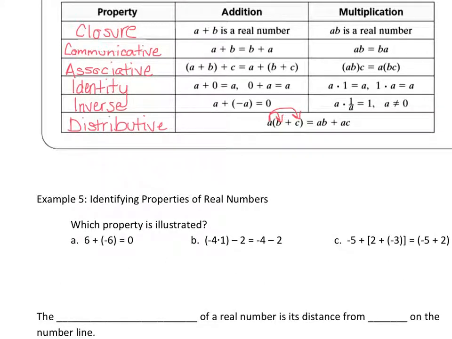Okay, so for here, we have 6 plus negative 6 equals 0. So which property is that? It ends up equaling 0, so that's inverse. Very good. Is it inverse of addition or multiplication? That would be addition. Okay, so we're going to write that down.